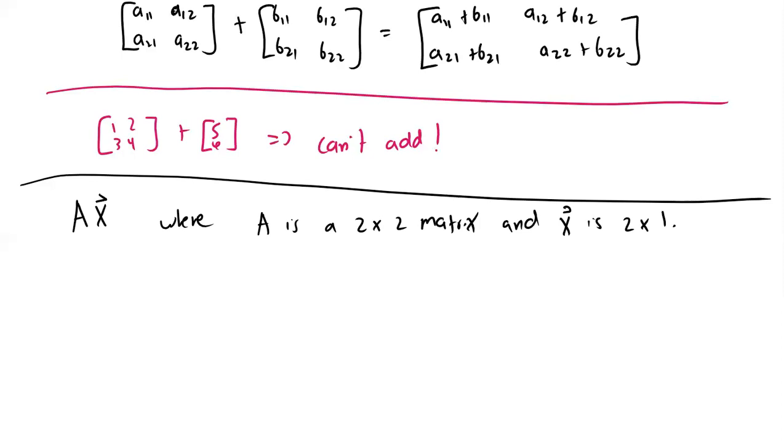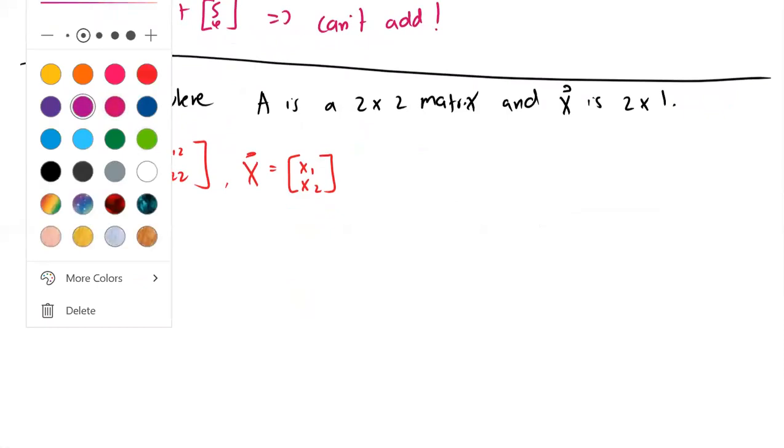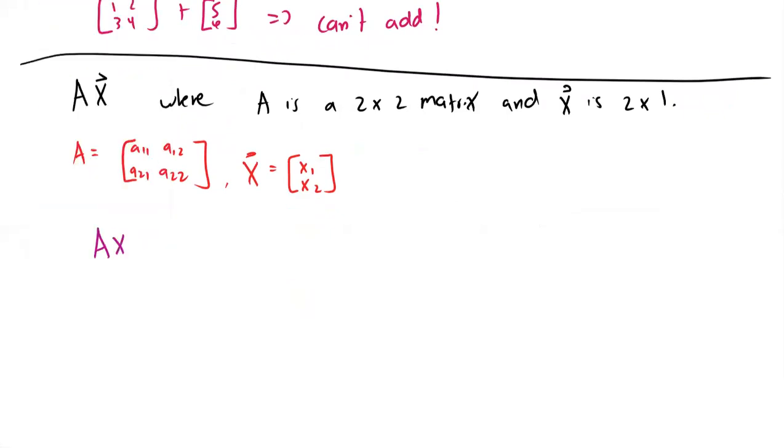Okay. So if A is given by, again, A11, A12, A21, and A22, and x is given by, let's just say, x1, x2, then by definition, and I'm just giving you how this works, the product Ax is going to look like a11 times x1 plus a12 times x2.